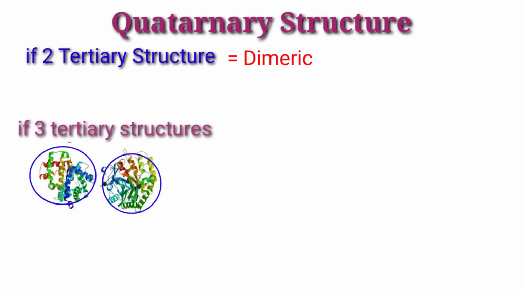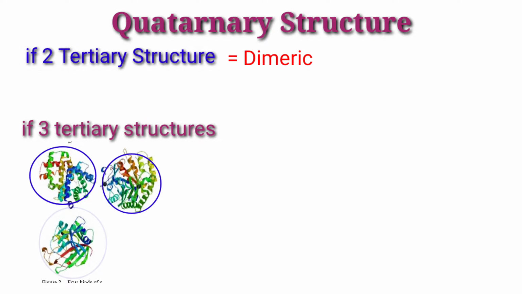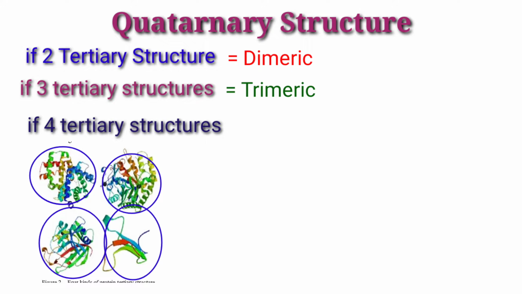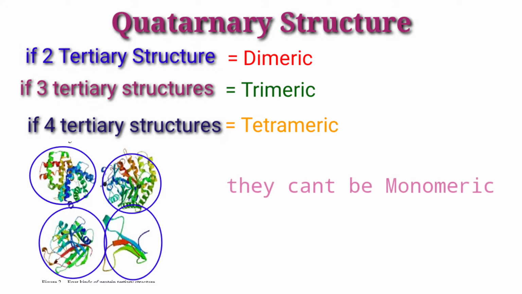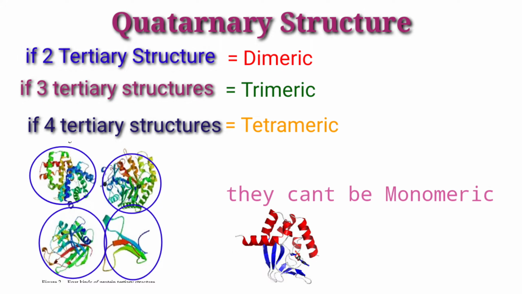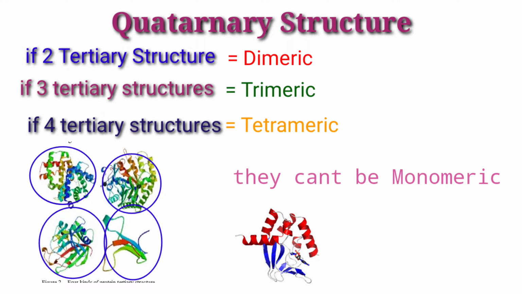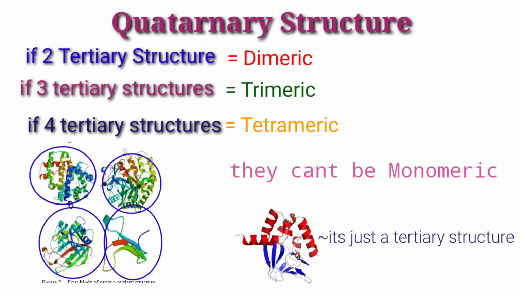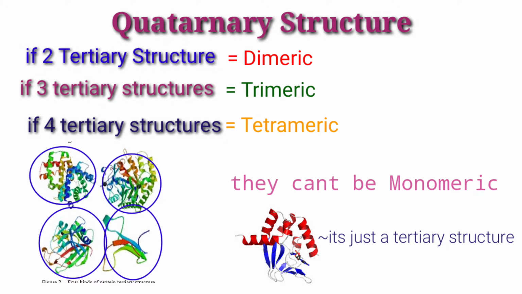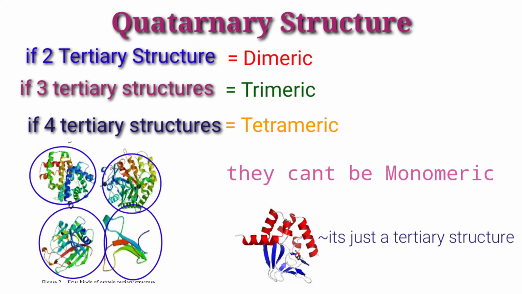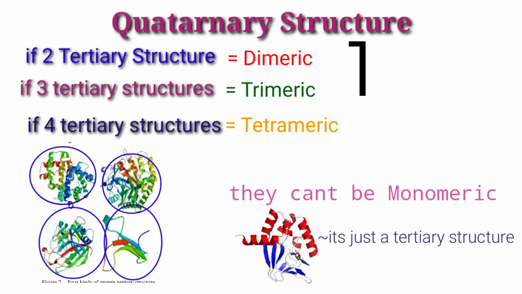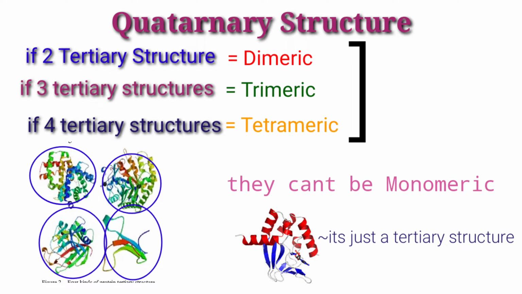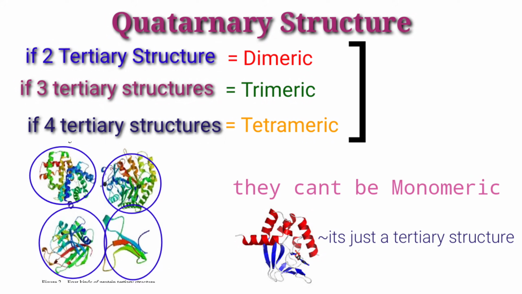If that quaternary structure contains 3 tertiary structures, then it is trimeric. If 4 tertiary structures, then it is tetrameric. But remember, the quaternary structures cannot be monomeric. Why? Because when a tertiary structure is in single form, it is a tertiary structure, it is not a quaternary structure. For quaternary structure, 2 or more tertiary structures have to come together.